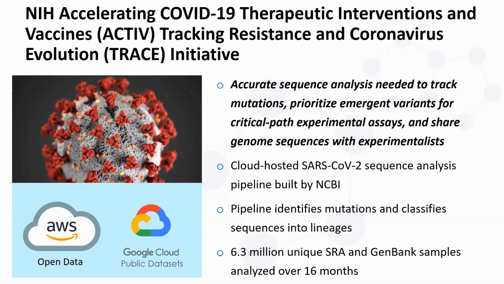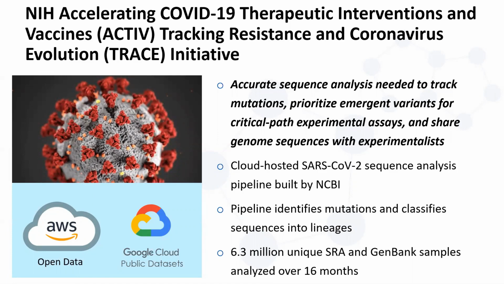So in response to the SARS-CoV-2 pandemic, the National Institutes of Health initiated a collaboration called ACTIV, which stands for the Accelerating COVID-19 Therapeutic Interventions and Vaccines, that's ACTIV, Tracking Resistance and Coronavirus Evolution, TRACE, initiative.